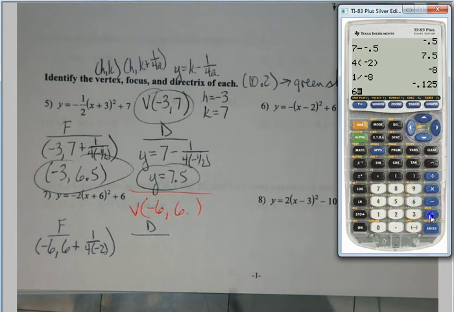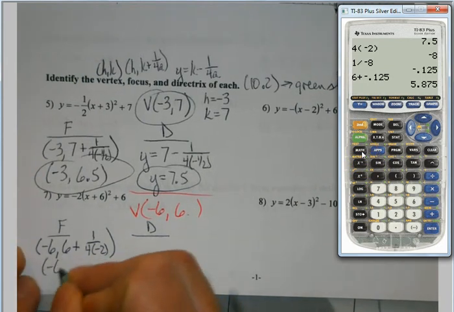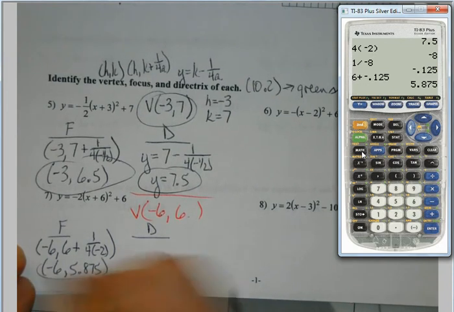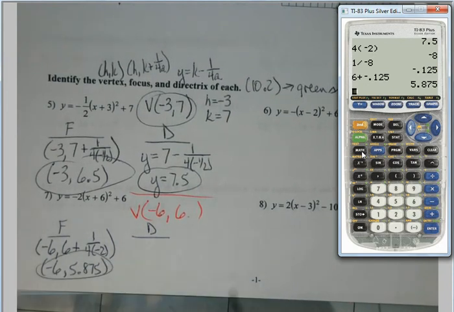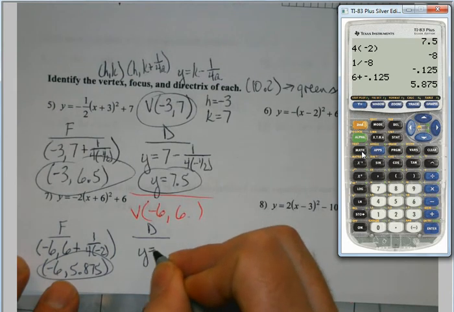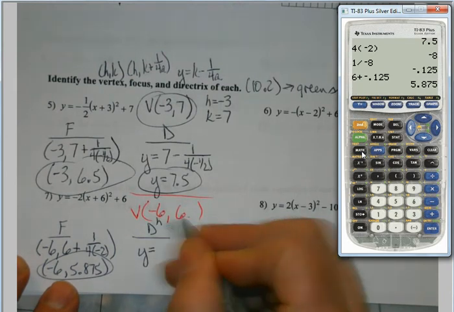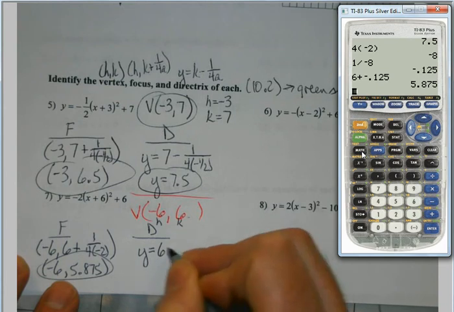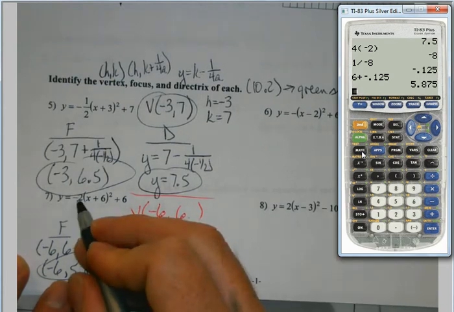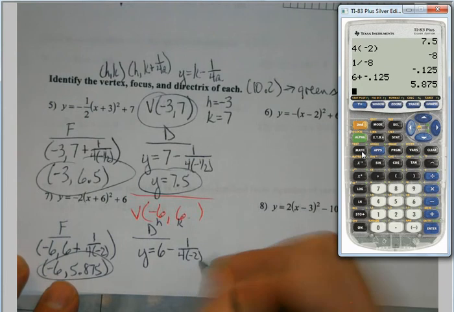then 1 divided by my answer I got, and then 6 plus the answer I got. -6, 5.875. And then my directrix, y equals, here's my h and my k, k minus 1 over 4, and my a value is that number in front.